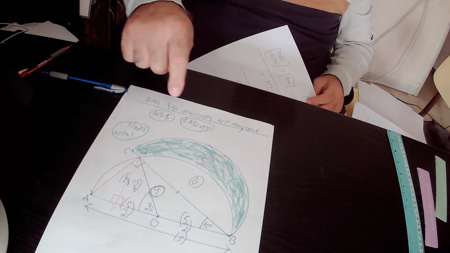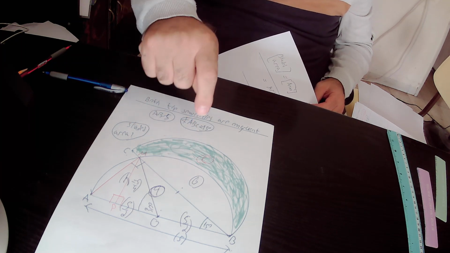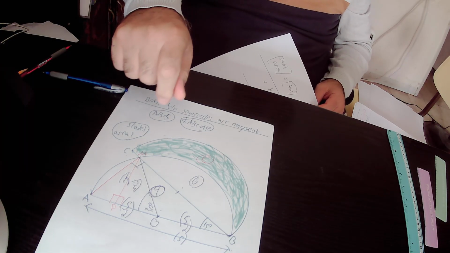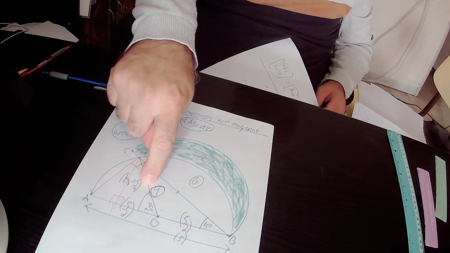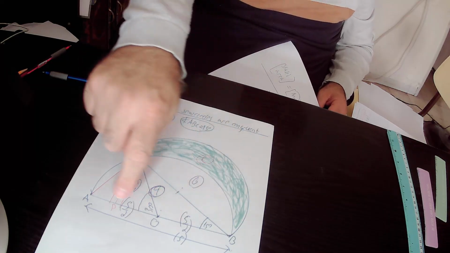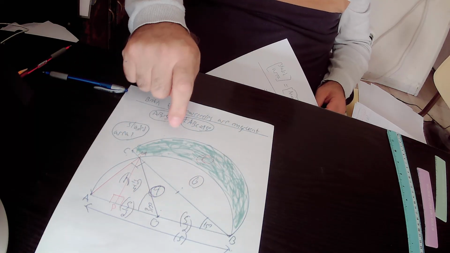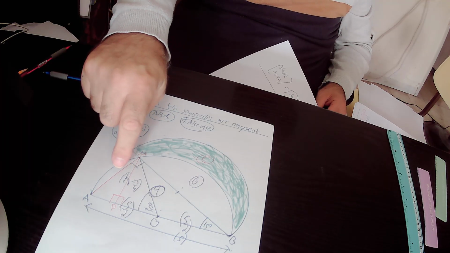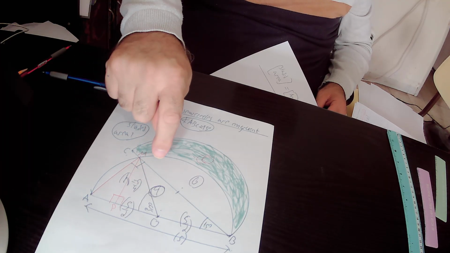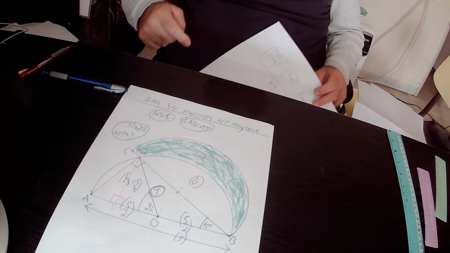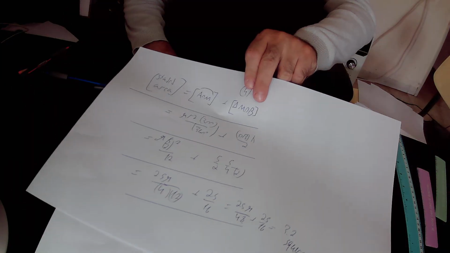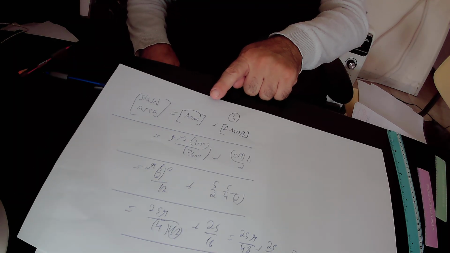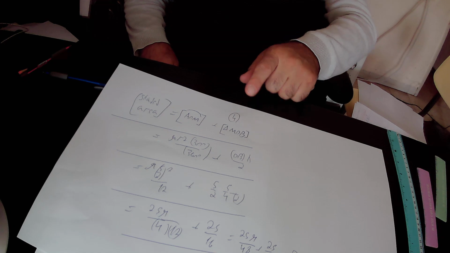Because A equals C, the size of the shaded area must be equal to the size of area A. Area A consists of the sector AOM plus the triangle MOB. So the shaded area equals the area of sector AOM plus the area of triangle MOB.